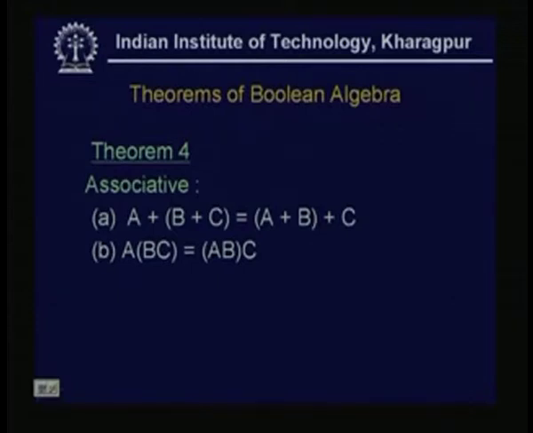That means, the operator is first operating on the first two variables and then on the last, it will be same, and this is same if the plus is replaced by dot.